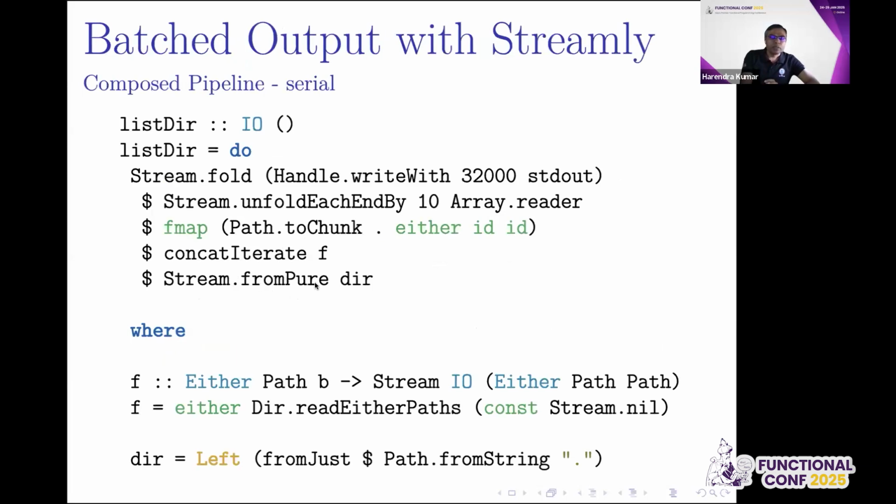Now here, we are writing a program in a functional manner to traverse a directory tree. So here we start from the initial directory, which is dot, the current directory.